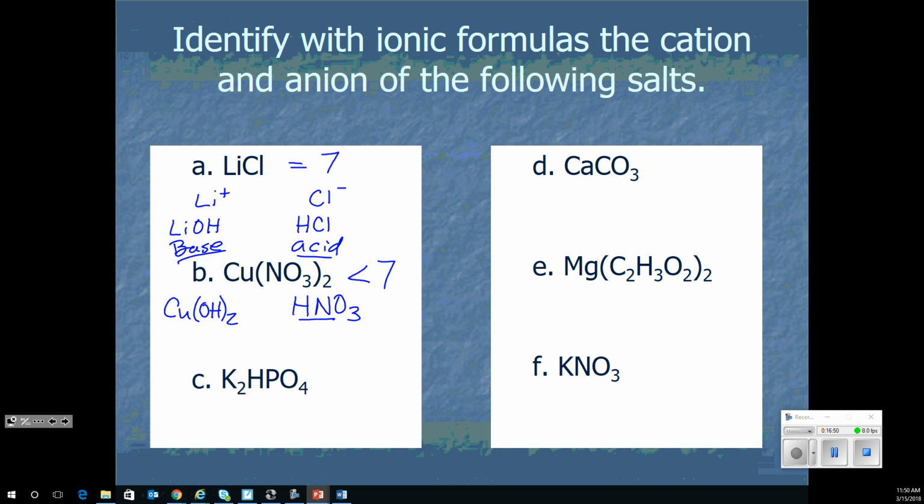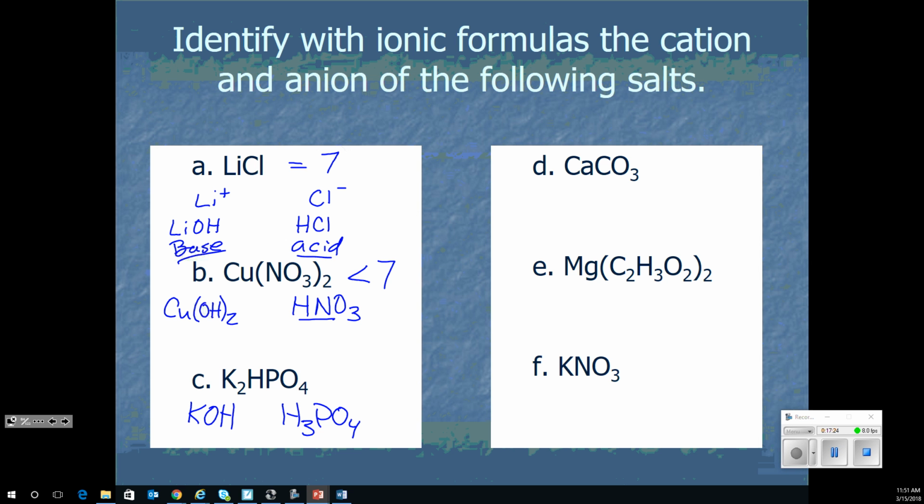Okay, so let's look at the next one. What's my base going to be? Potassium what? Hydroxide. Now I'm making this mix with water, because salts will mix with water. So water splits into H and OH, right? So that's why I'm getting the OH for the base and the H for the acid. So what would the acid be? It'd be H3 or H2PO4, depending on how many H's that I'm going to move off.